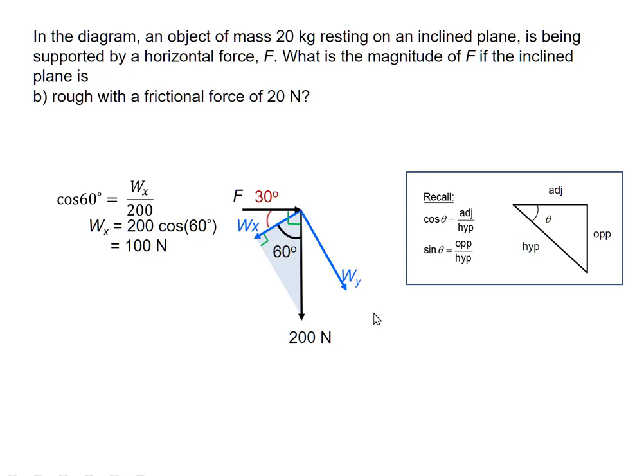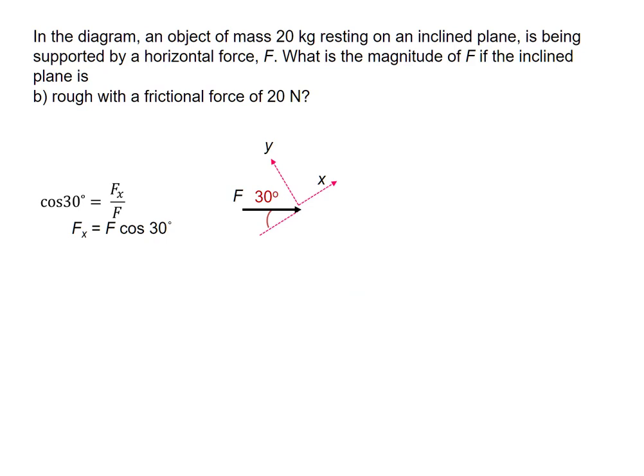Now, when we consider then the frictional force over here, this will then be affected by the frictional force, Wx, and F. So when we resolve F to obtain Fx itself, we will have Wx acting in the opposite direction.